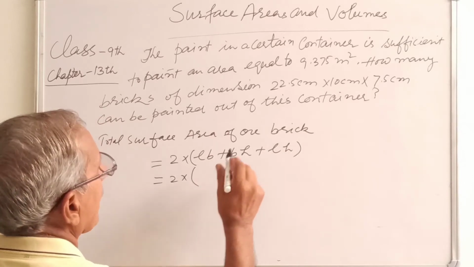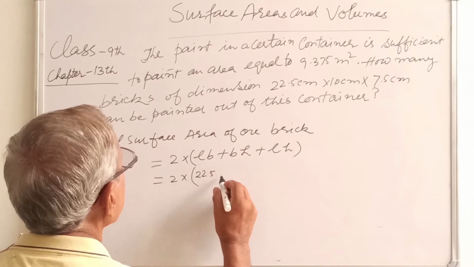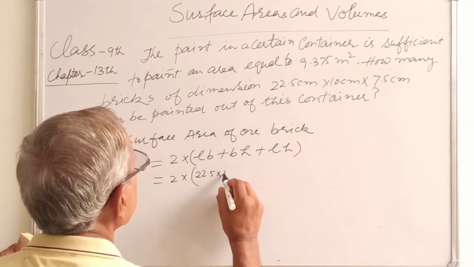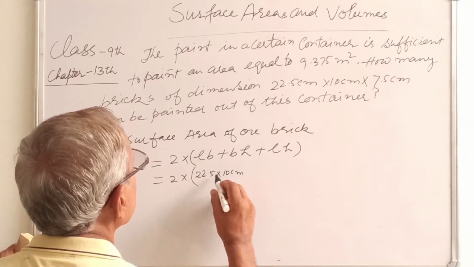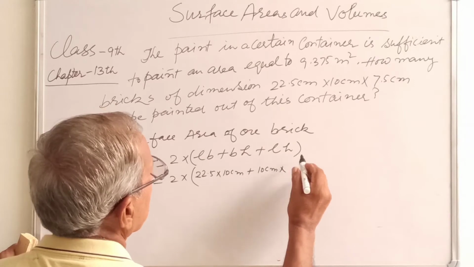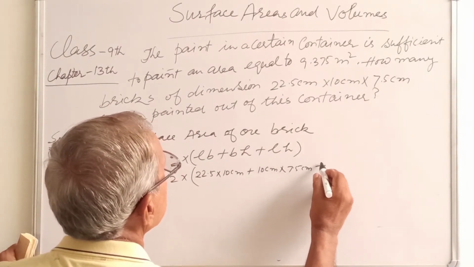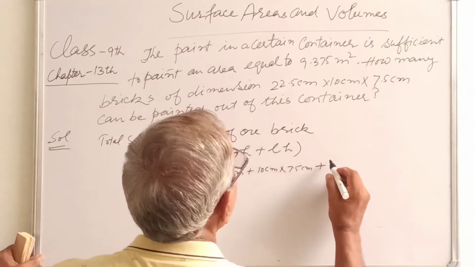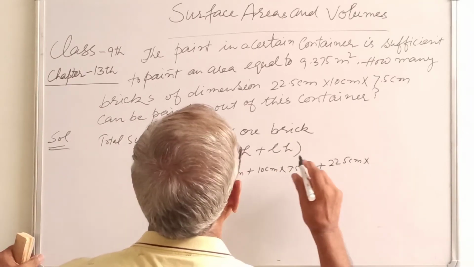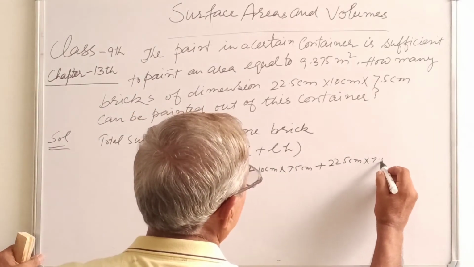L is 22.5 centimeter, B is 10 centimeter, so 22.5 centimeter multiplied by 10 centimeter, then 10 centimeter multiplied by 7.5 centimeter, then 7.5 centimeter multiplied by 22.5 centimeter, and H is 7.5 centimeter.